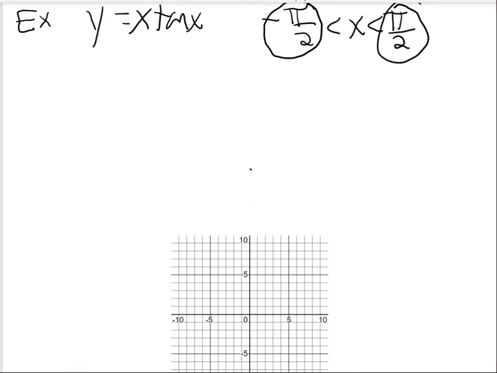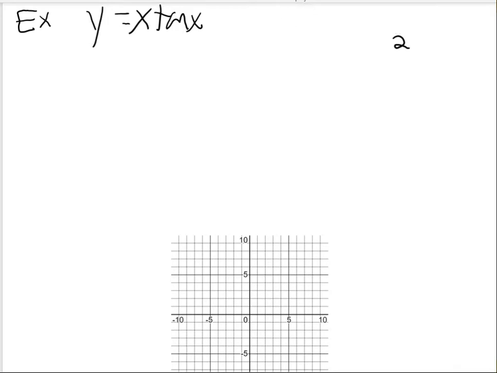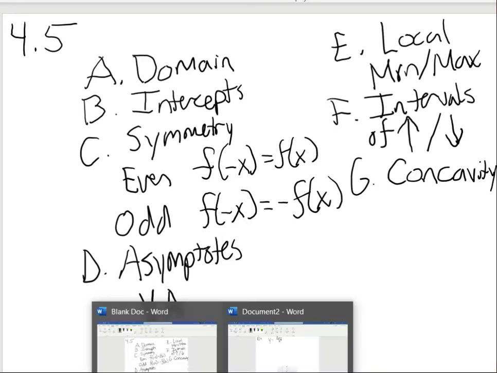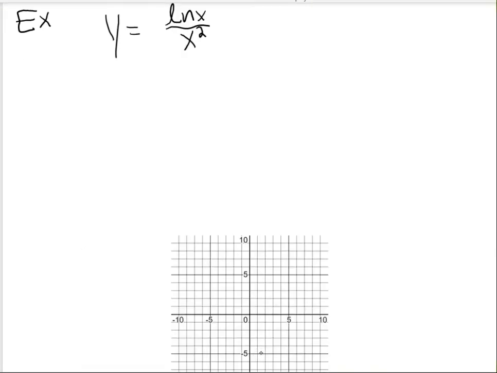But the example I wanted to do today is something that looks like a rational function, but is not quite, because it's not going to have a polynomial in the numerator. Let's look at natural log of x over x squared. So if we remember, our first step is, what's the domain? Well, remember, you can't divide by 0, so x cannot be 0.